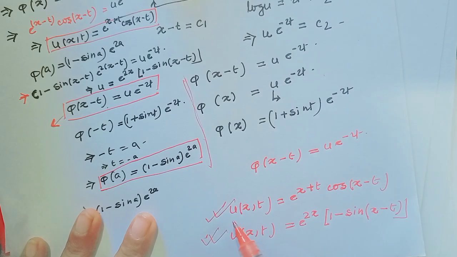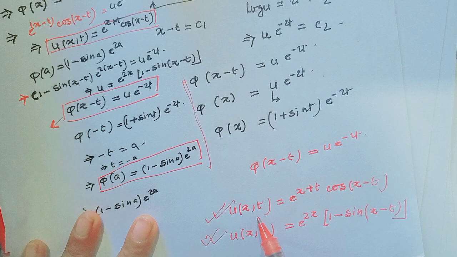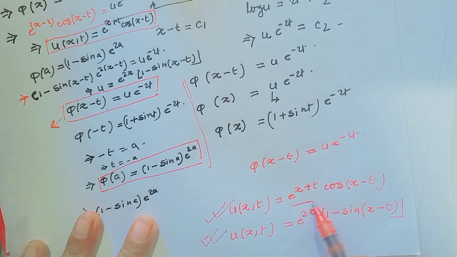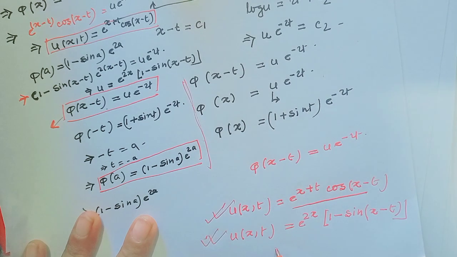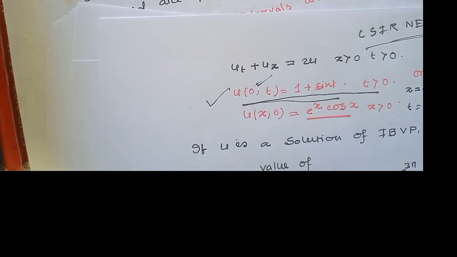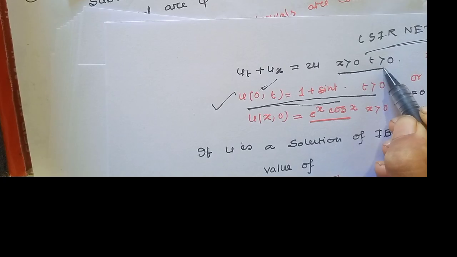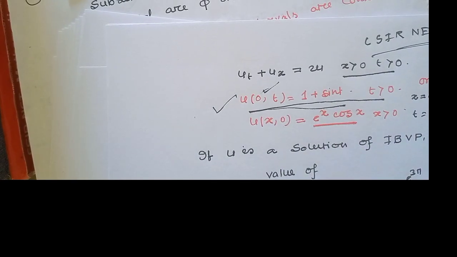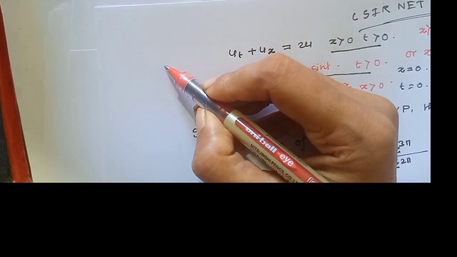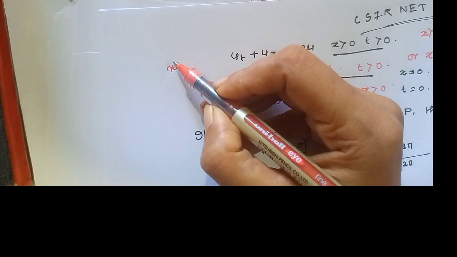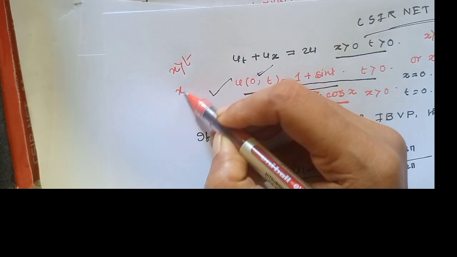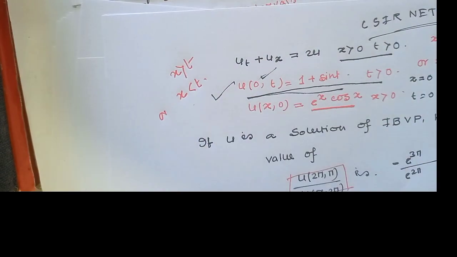Therefore, here I have got two equations. u(x, t) equal to e to the power (x plus t) cos(x minus t) and u(x, t) equal to e to the power 2x times (1 minus sin(x minus t)). And notice here the condition is x greater than 0 and t greater than 0. That means either x greater than t or x less than t.